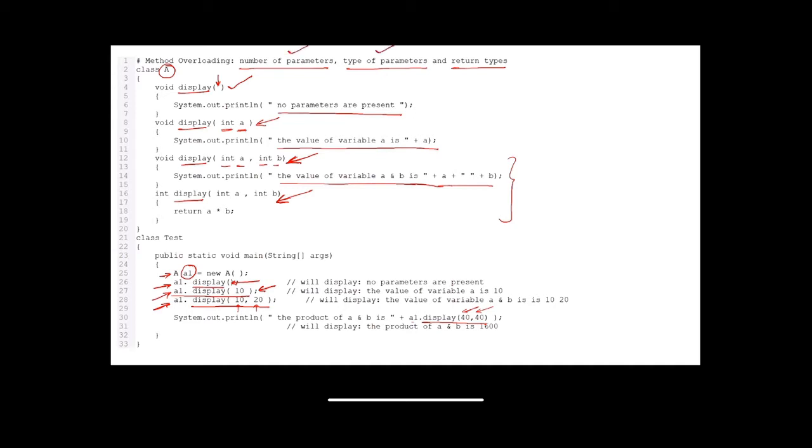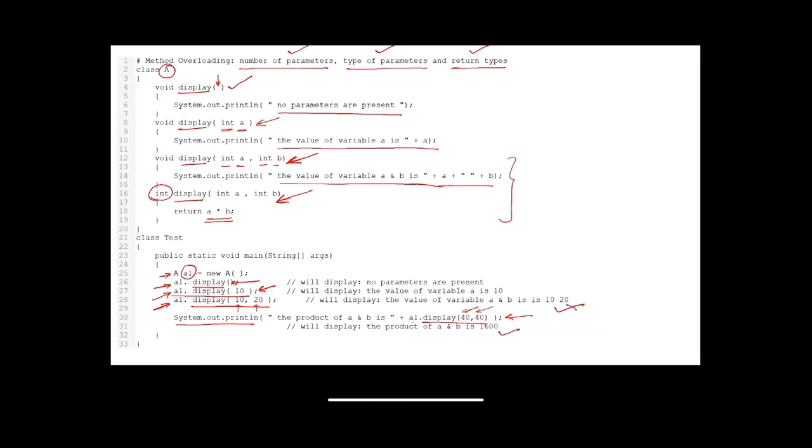When my compiler is stuck because the number of parameters are the same and the type of parameters are also the same, it checks the return value. In this statement, something needs to be returned because I'm printing some value here. So it will check that this function has a return type and it will return the value of a and b. The value will be printed as 40 into 40, that is 1600.